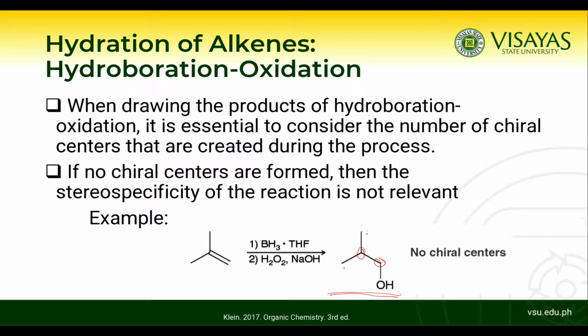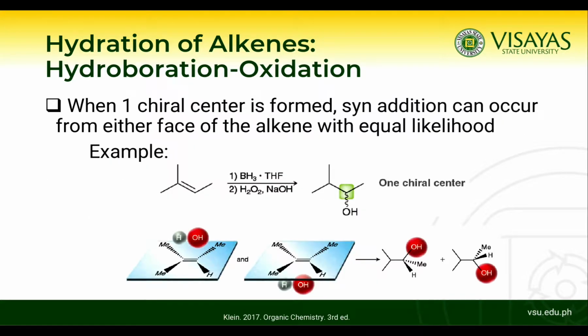Again, if there are no chiral centers in the product formed, then the stereospecificity of the reaction is not relevant. No need to show wedged or broken lines. Now, when one chiral center is formed, syn addition can occur from either face of the alkene with equal likelihood. So, this is the time that we are going to show wedged or broken lines. Something like that.